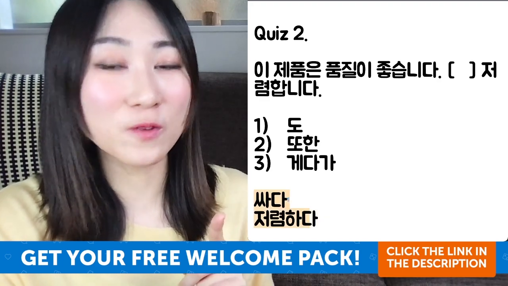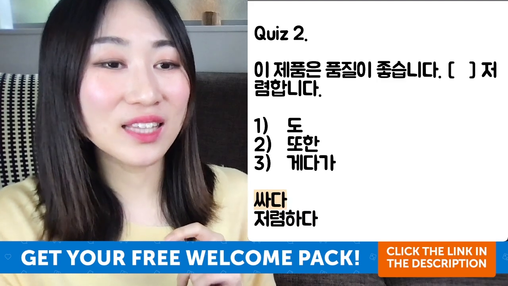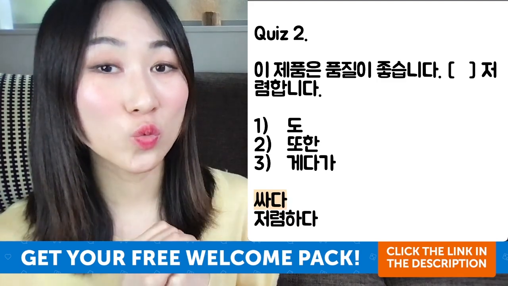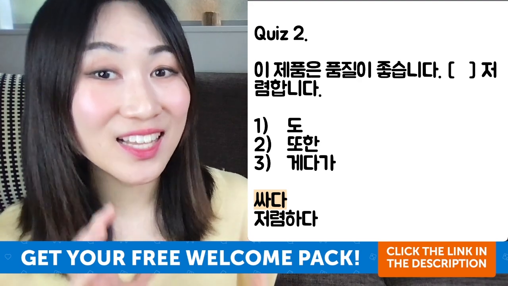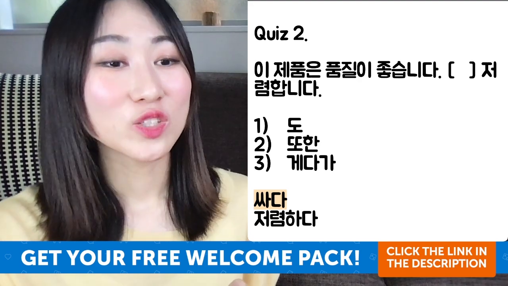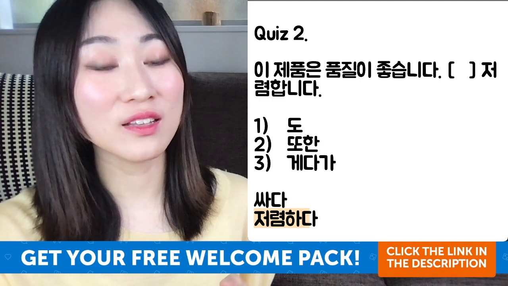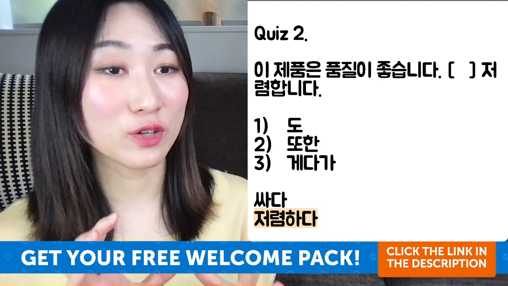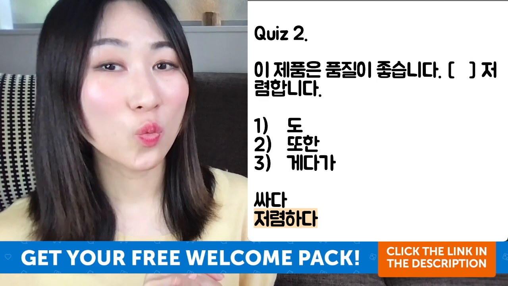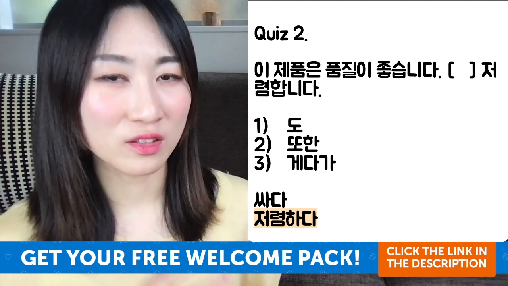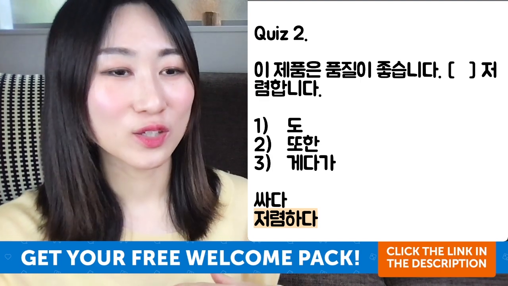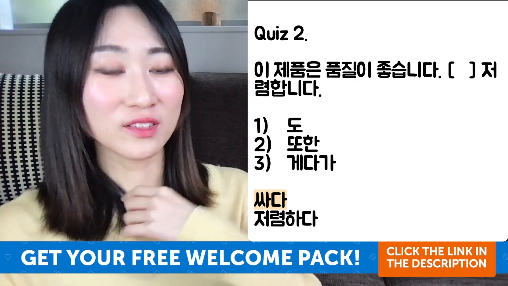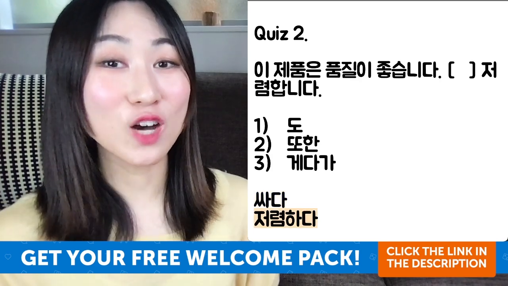So what's the difference? 싸다 is from a pure Korean word and we use it in daily life. 저렴합니다 is also used in daily life too, but it originated from Chinese characters. So very often we use it in some formal situations while writing. So if you want to sound formal, then 저렴합니다, 저렴하다 would be better.